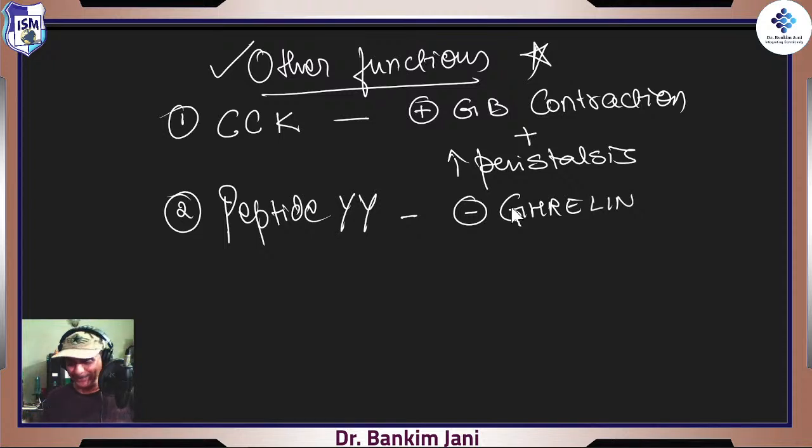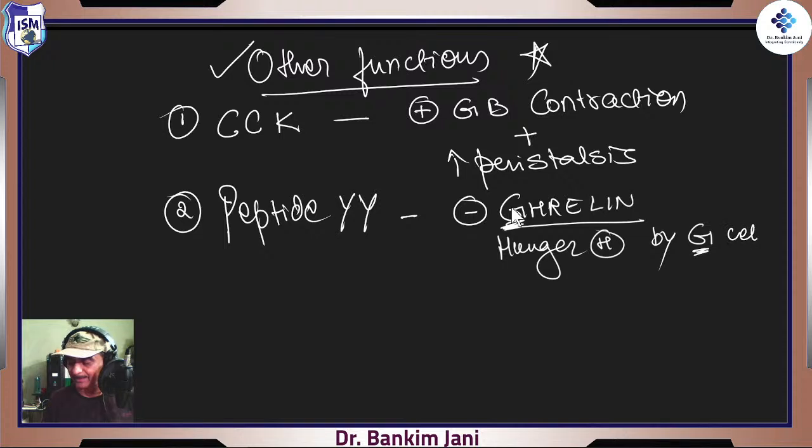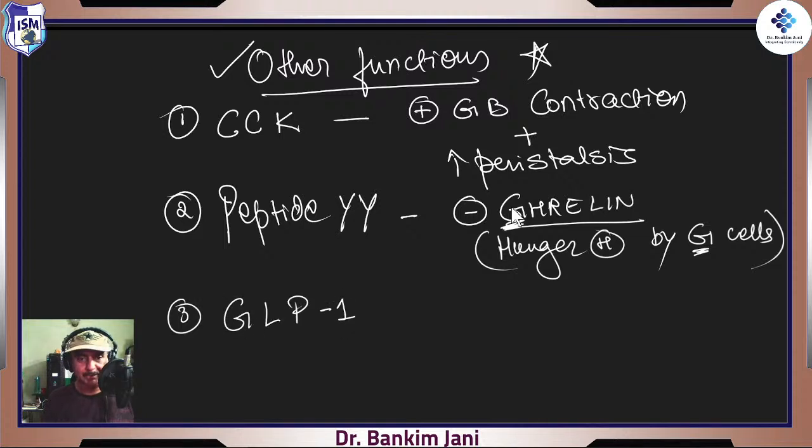So now we are not hungry. So we'll tell this ghrelin, acha baba, now calm down, right? If you remember, ghrelin was that hunger hormone, and that was released by the G cells, right? G cells. Correct?